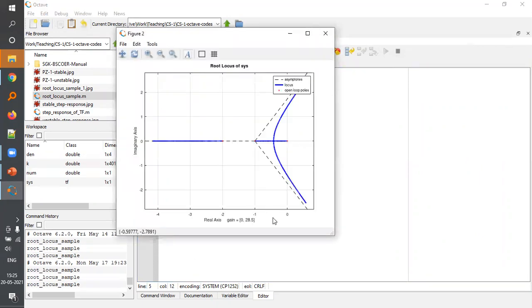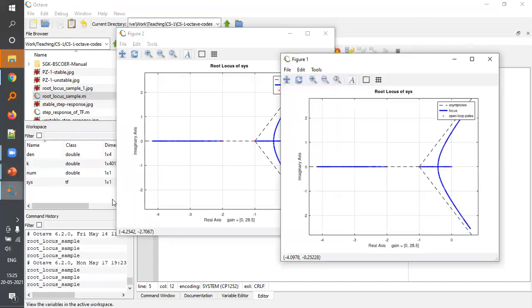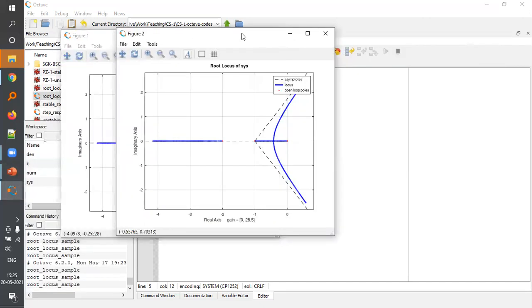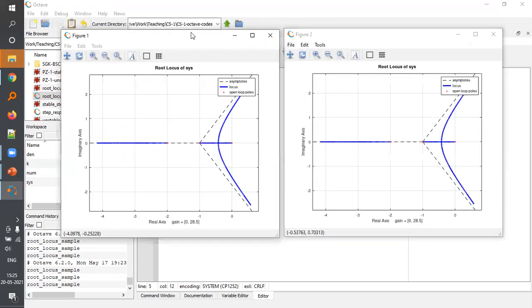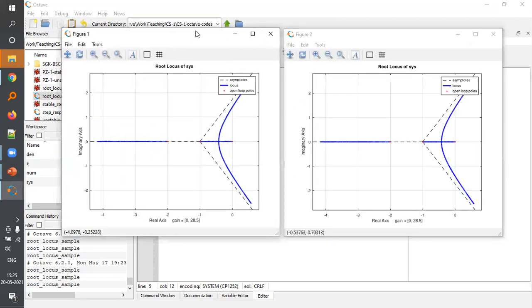So what has changed? This was the first graph and now this is the second graph. In figure 1, the value of k was up to 20, and in graph 2 the value of k is up to 40.